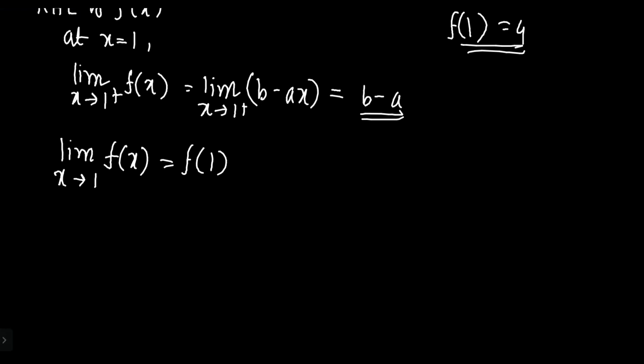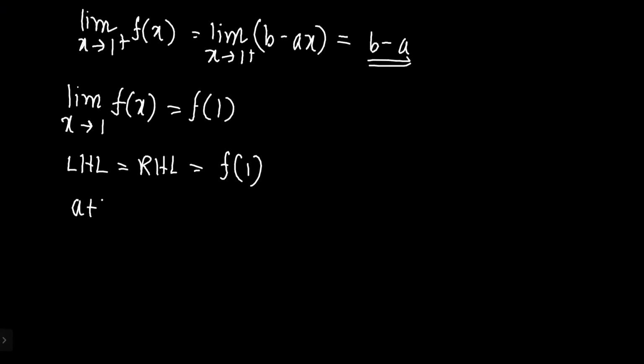That means LHL will be equal to RHL will be equal to f(1). Since this limit is equal to f(1), that means the limiting value is existing. Now if the limiting value is existing, LHL will be equal to RHL and it will be equal to f(1). Now LHL, the value we have got is a plus b, and RHL we have got is b minus a, and f(1) is 4.